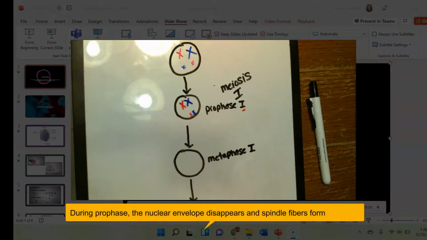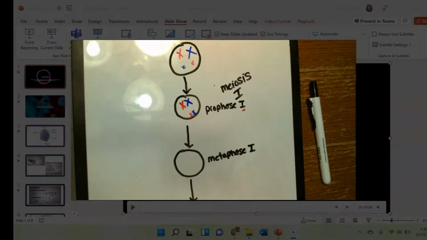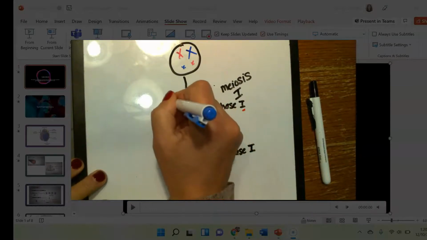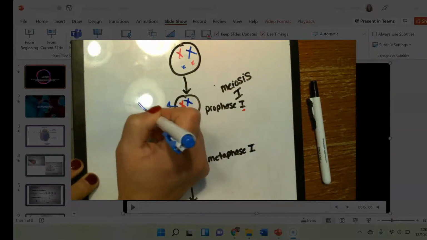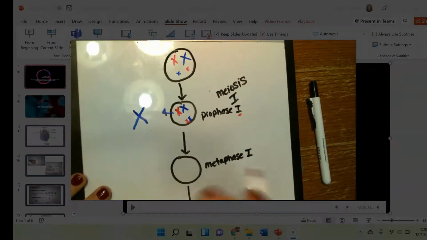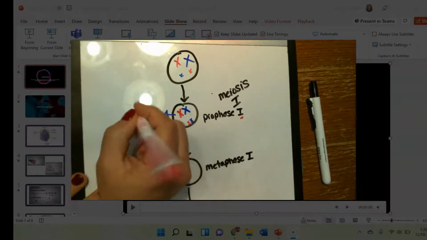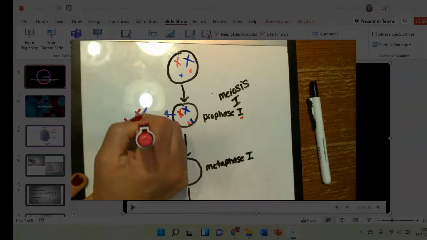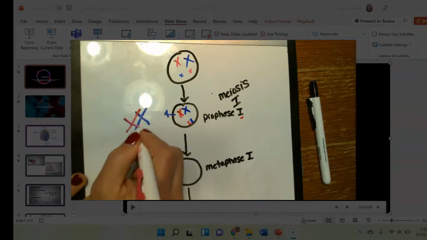Now, there is this system here, and I'm going to draw this over here, that's called crossing over. So when they start to pair up, got a light bulb right there, these chromosomes are going to actually swap genetic material, right?